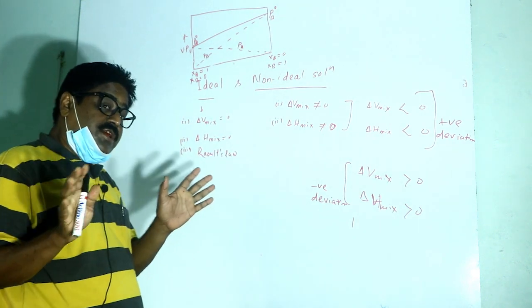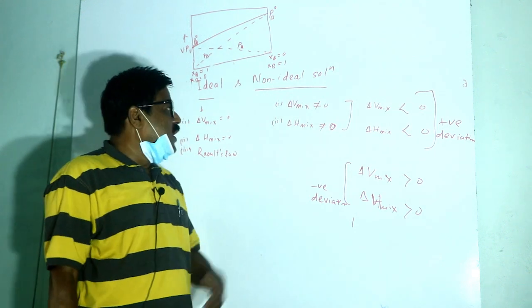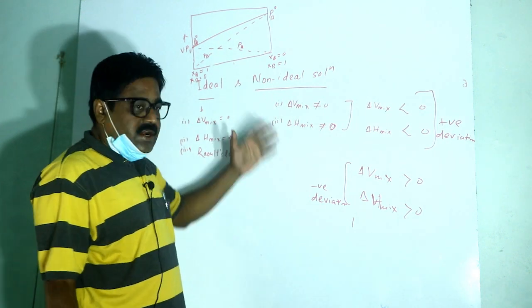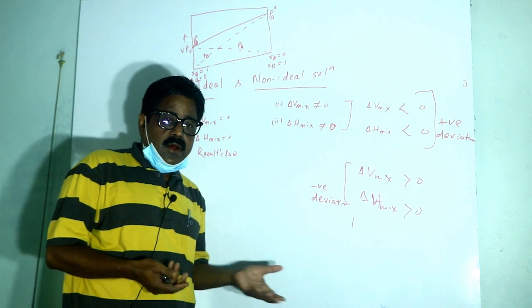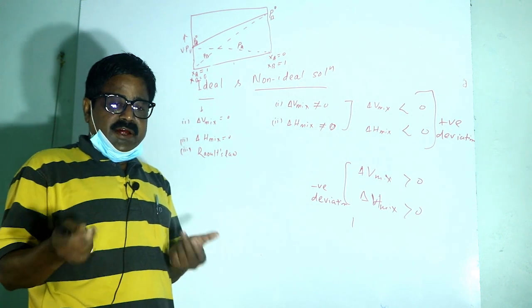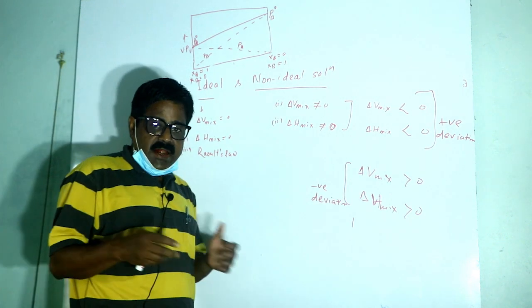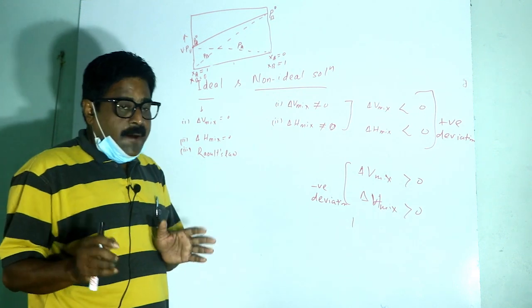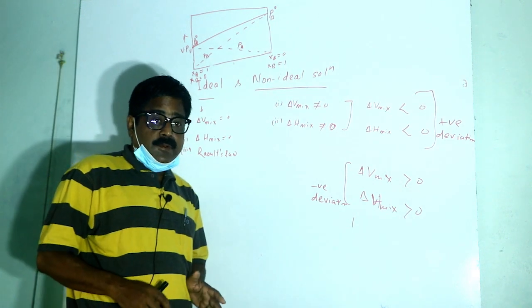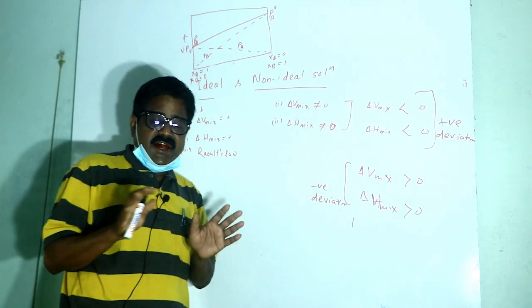When we consider non-ideal solutions, examples are ethyl alcohol and water, acetone, benzene and acetic acid, etc. These are some examples of non-ideal solutions. What is there actually?